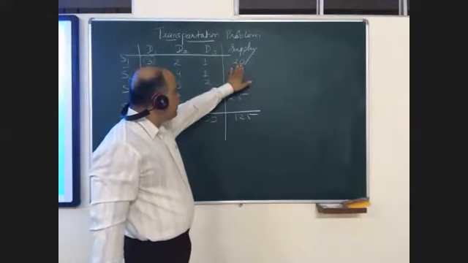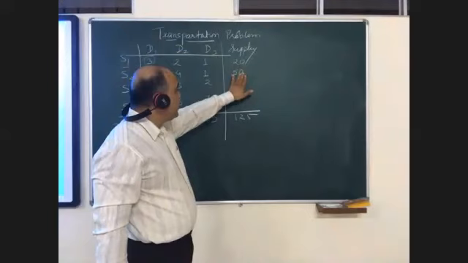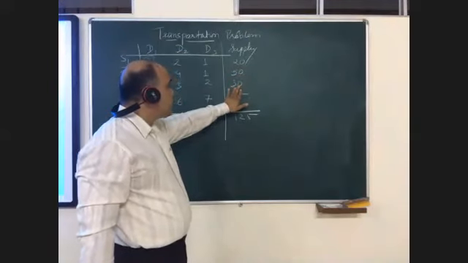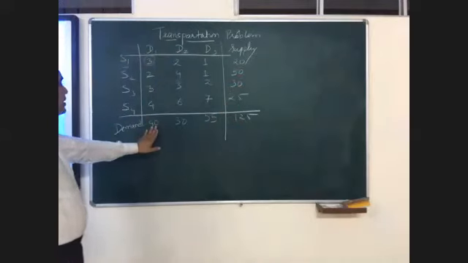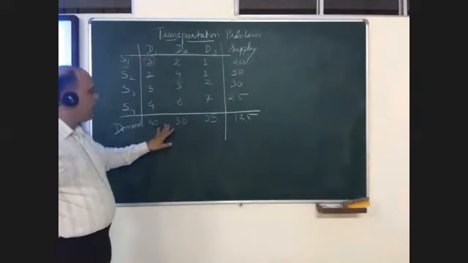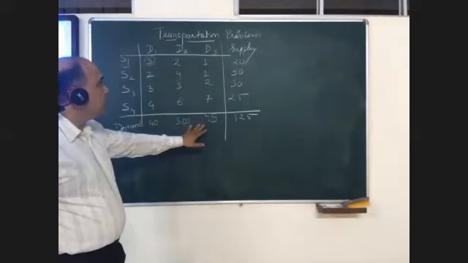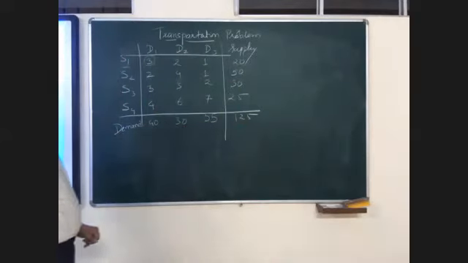Total supply availability at S1 is 20, at S2 is 50, at S3 is 30, and at S4 is 25. Whereas the demanded quantity at D1 is 40, D2 is 30, and D3 is 55.